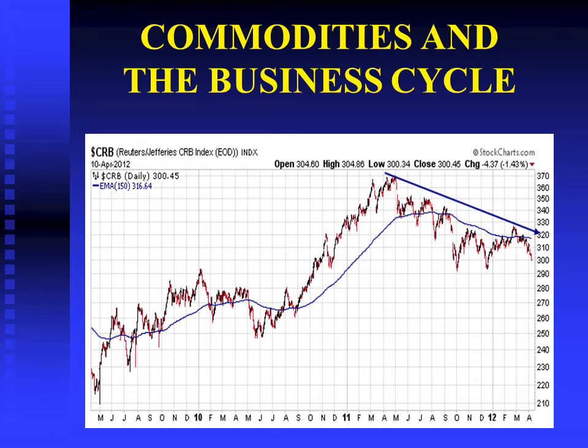Because the economy has been slowing down. The blue line is the 150-day moving average, which is an important trend line and gives you a sense of what the direction of the market is. Anyway, the point is that as the economy slows down, commodities have been coming down.